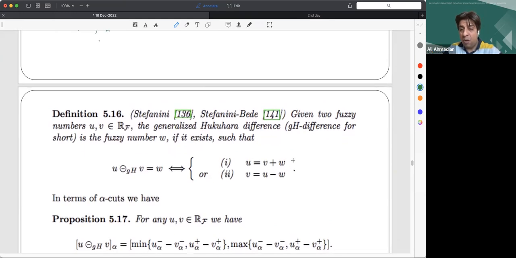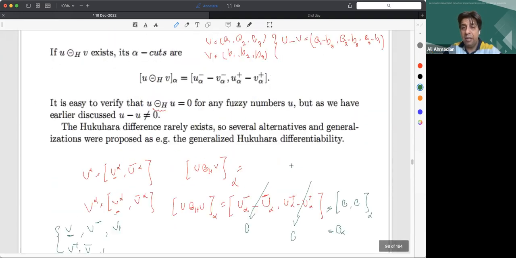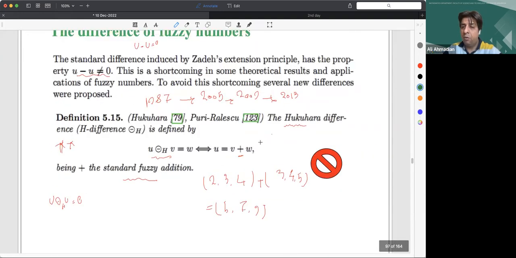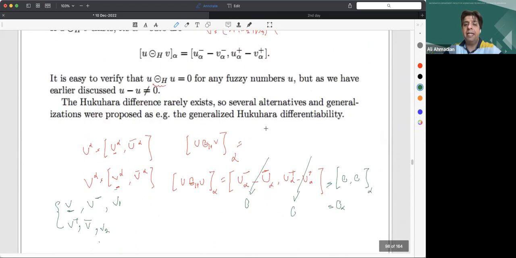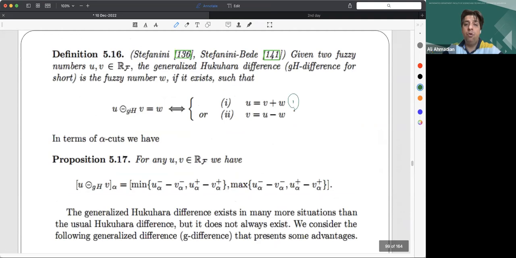So the first one, what do we have? The first one is the Hukuhara difference. So U minus GH V equals W if and only if one of these situations happens.